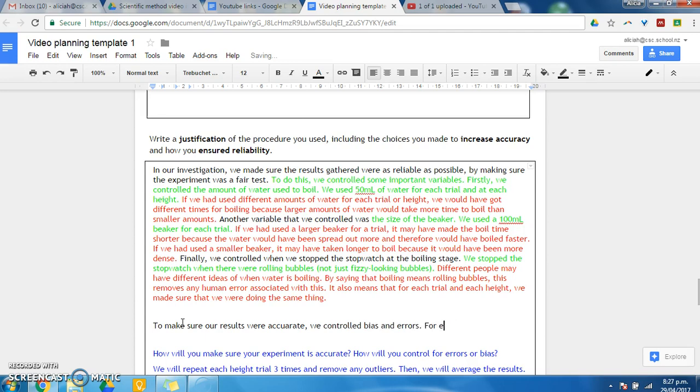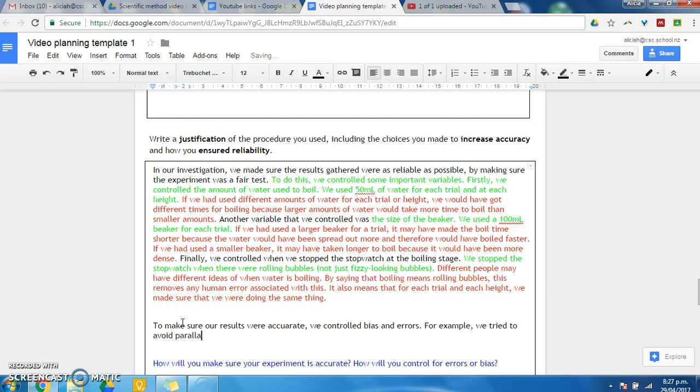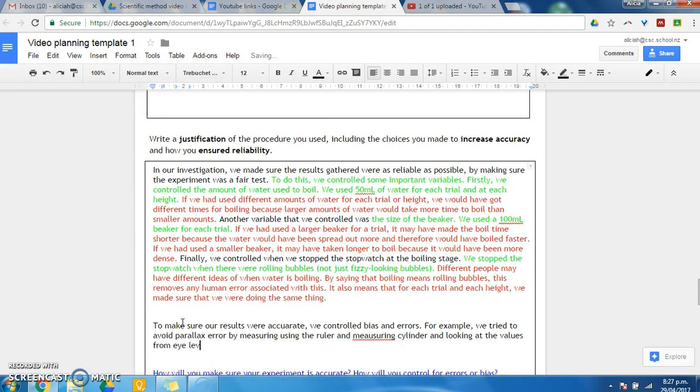For example, we tried to avoid parallax error by measuring using the ruler and measuring cylinder and looking at the values from eye level rather than above or below.